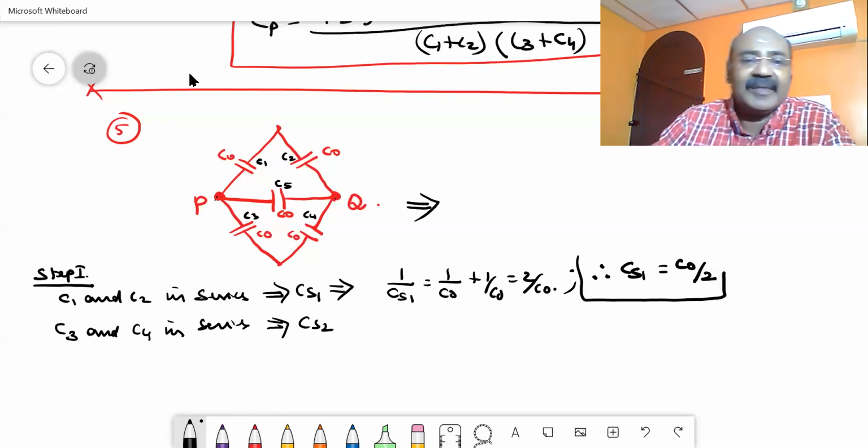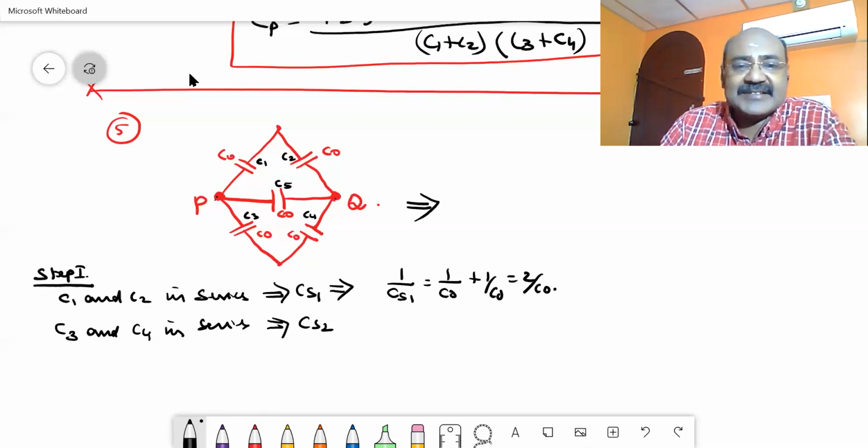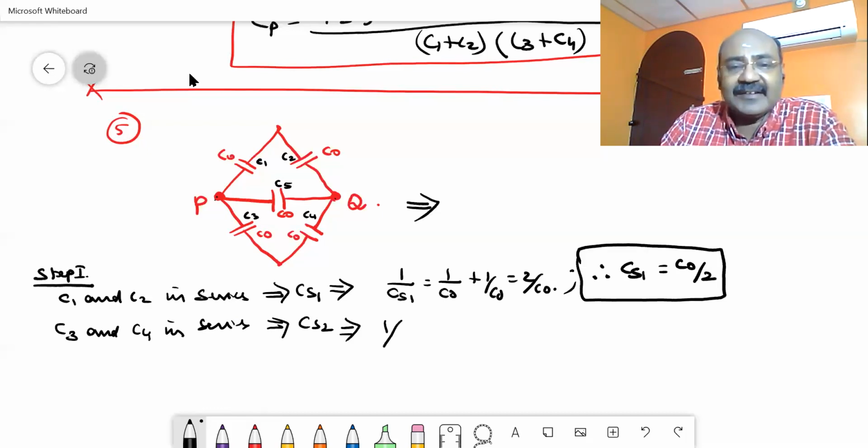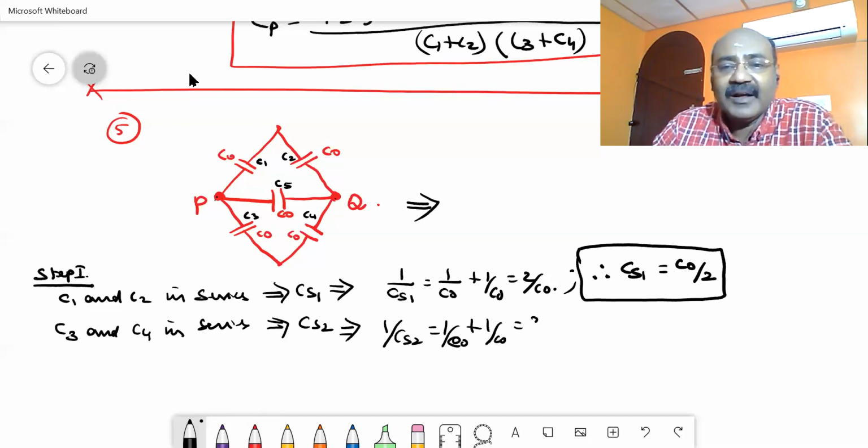Similarly, for CS2, 1 divided by CS2 equals 1 by C0 plus 1 by C0, which is 2 by C0. Therefore, taking reciprocal, CS2 is equal to C0 divided by 2.